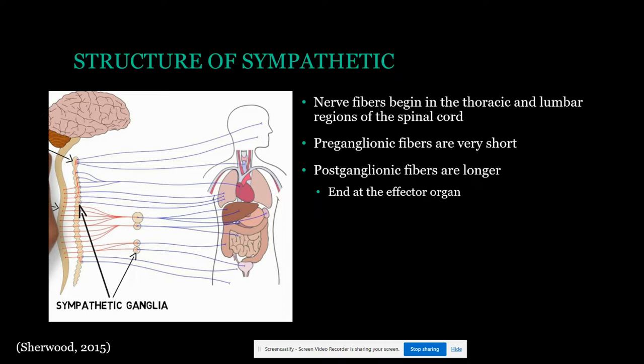They're very short compared to those very, very long green fibers of our parasympathetic. The blue are postganglionic that end at our effector organ, and they're very long compared to that orange color from our parasympathetic. And this has to do with the nerves that are being transmitted and the type of neurotransmitter that is being received.